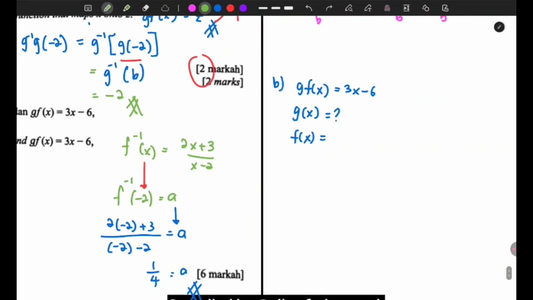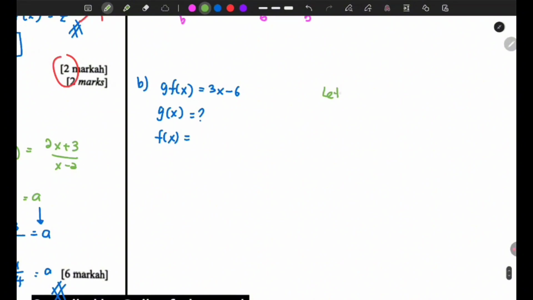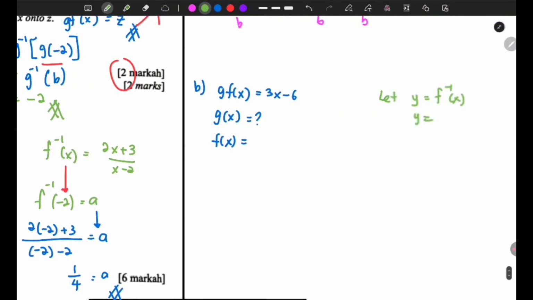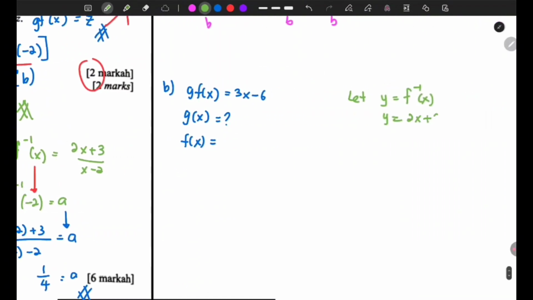So let y equal f inverse x. So y equals f inverse x, what is the equation now? 2x plus 3 over x minus 2. So the slogan, remember, start with single y, end with single x. So first thing, bring your x up, x minus 2, y put there, 2x plus 3, expand, xy minus 2y equals 2x plus 3.